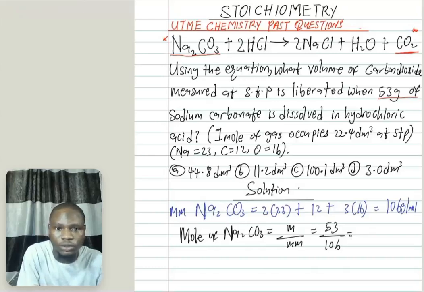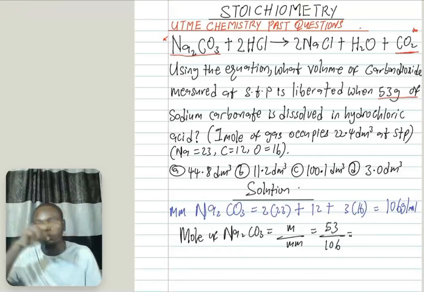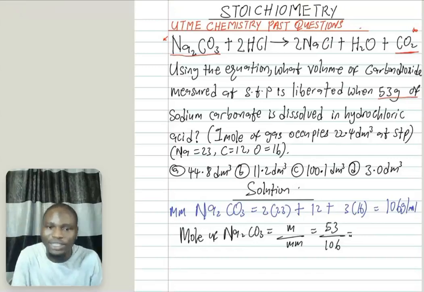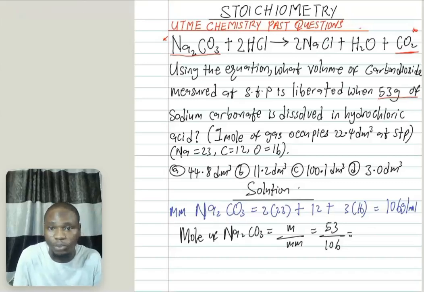Guys, don't forget, whenever the initial moles are the same, 1 to 1 or 2 to 2, 5 to 5, and so on like that, they will always be the same. So 0.5 mole of Na2CO3 will also give me 0.5 mole of CO2. Therefore the mole of CO2 produced there is 0.5 mole.